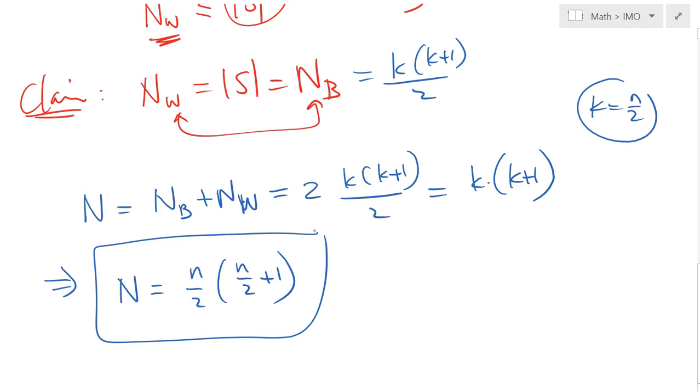This is the final answer, and this is the minimum number of squares that must be marked such that all the squares inside our n by n grid have an adjacent marked square.